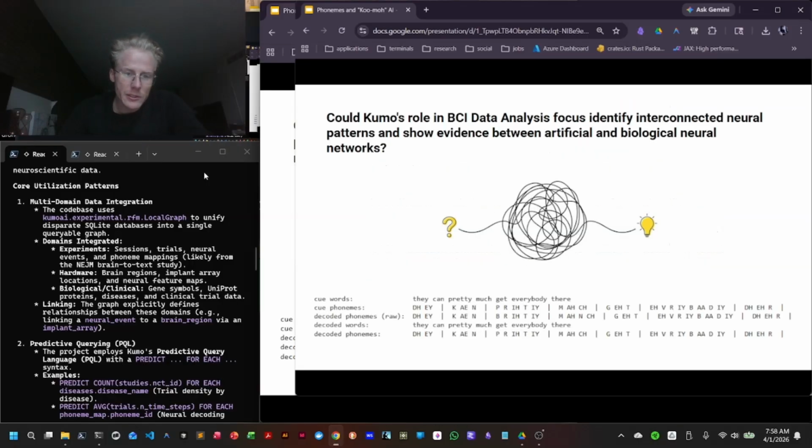So my question was, could Kumo's role in BCI data analysis focus and identify interconnected neural patterns and show evidence between artificial and biological neural networks? Down here, you can see this is what the researchers at UC Davis have done. So they have the Q words, which is the string, the Q phonemes, so they've broken those words down into phonemes, the decoded phonemes.